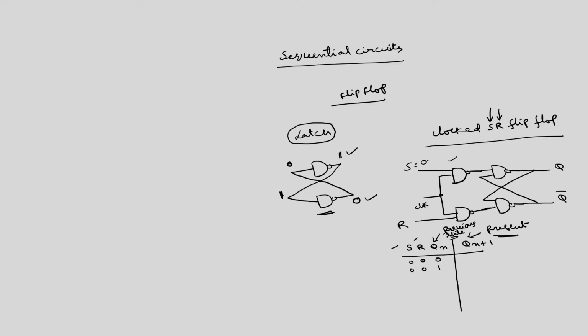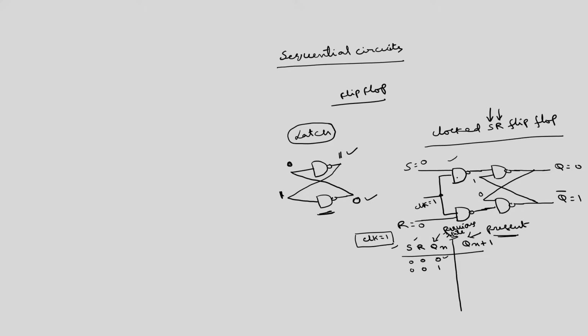If I take this as 0, 0, and of course the clock should be 1. I will discuss what happens if the clock is equal to 0. Okay. So, I will assume that the clock is equal to 1. I am assuming that the previous state is Q equal to 0, which means Q bar is equal to 1. So, this is 0, this is 1.